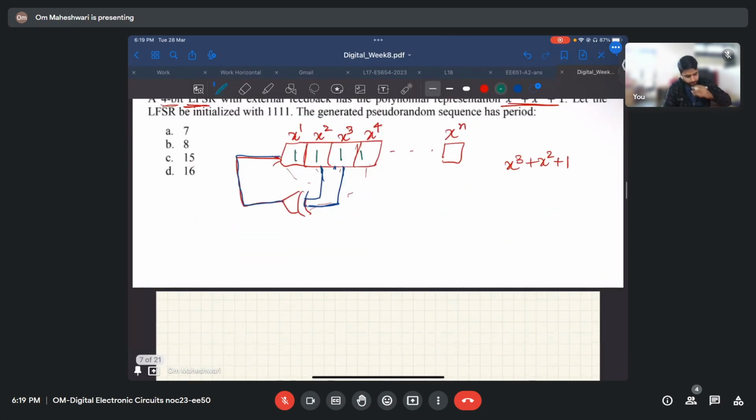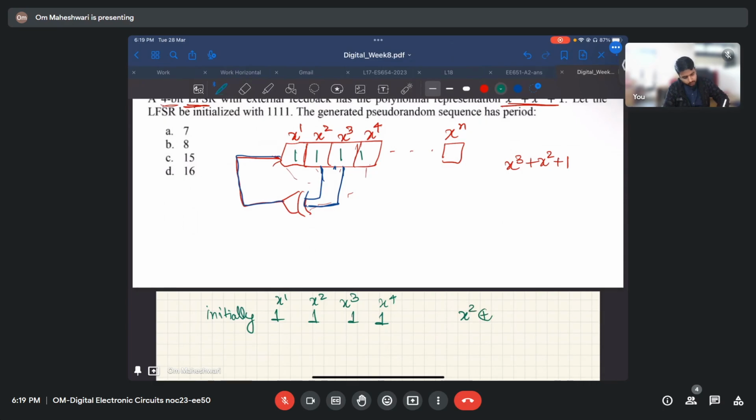Take another page. So initially it is 1 1 1 1. Next, 1, x square, x cube, x4. We have input is what? x cube XOR with x square.